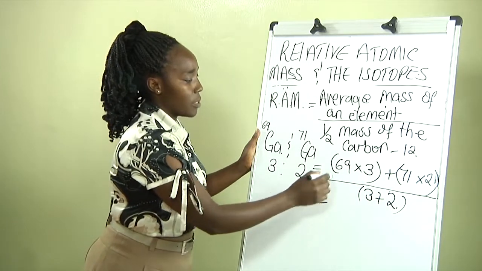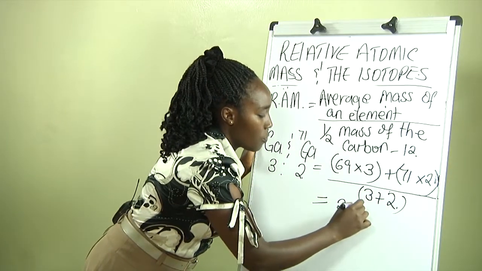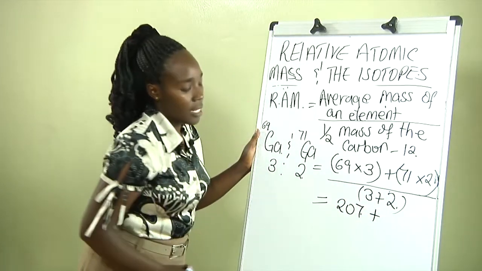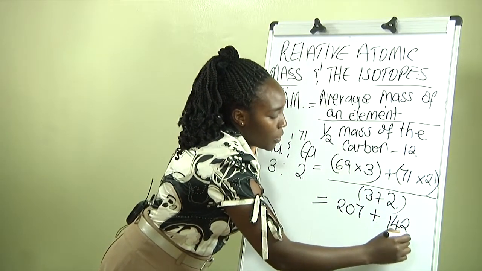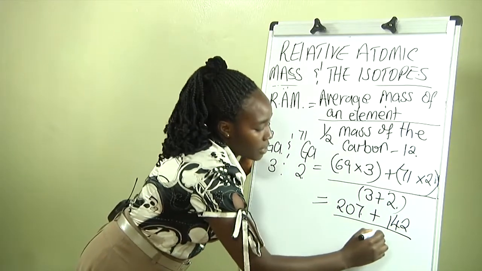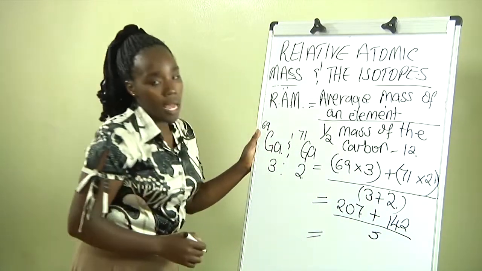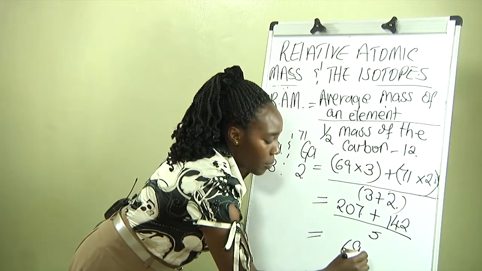Therefore, 69 multiplied by 3, we get a total of 207, plus 71 multiplied by 2 is 142. We divide by 3 plus 2, which is 5, and our answer is going to be 69.8.